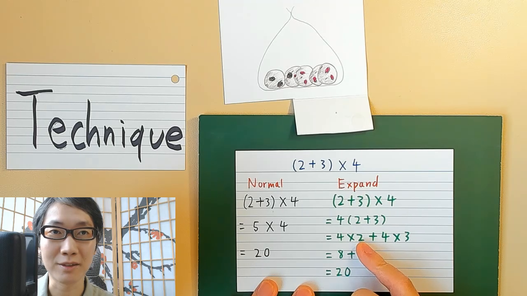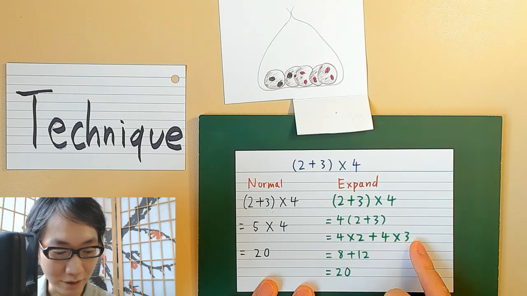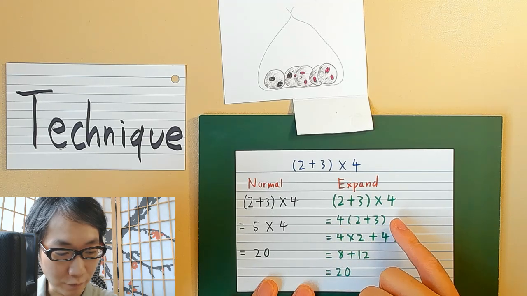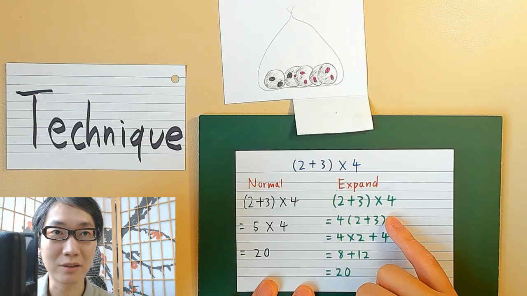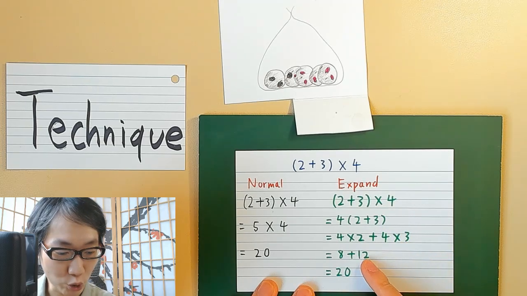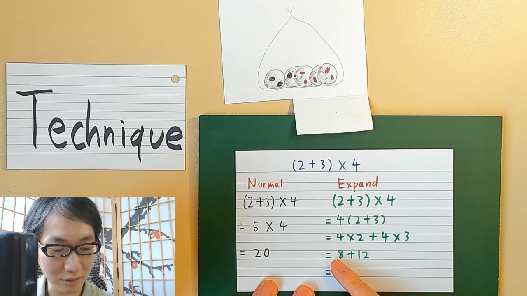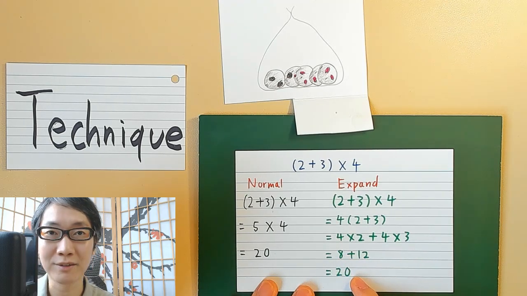And we have 4 bags of 3 raspberry cookies, which means 12 raspberry cookies. In total, 8 plus 12 will be 20.